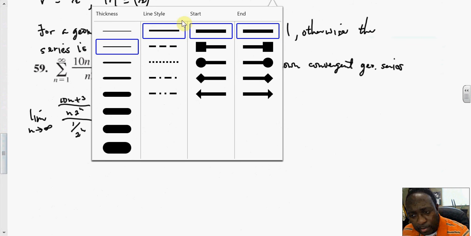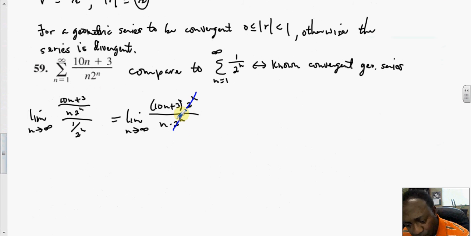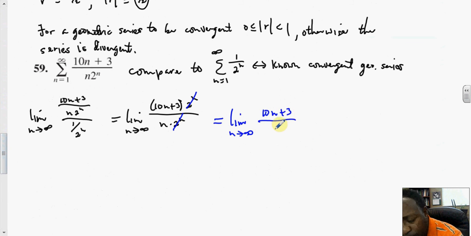Well, the 2 to the n's cancel. So we have now the limit as n goes to infinity of 10n plus 3 all over n, which this limit here is equal to 10.